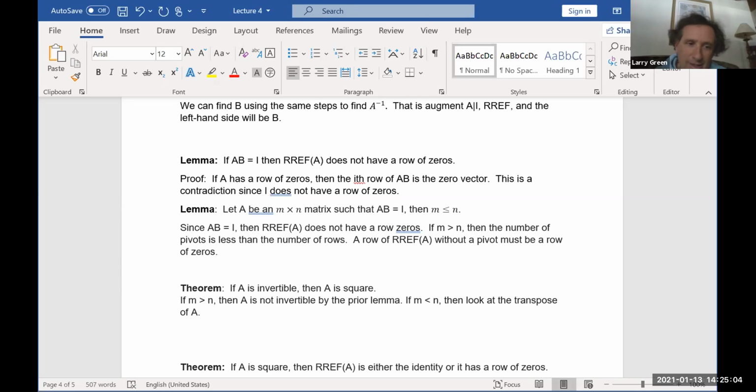Well, A transpose then has more rows than columns. If A had more columns than rows, because remember, transpose switches the idea of column and row, then by the lemma, the transpose of A is not invertible.